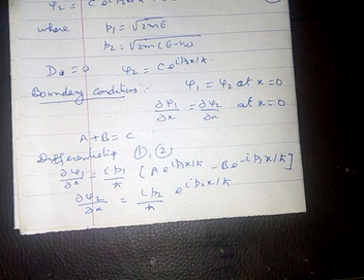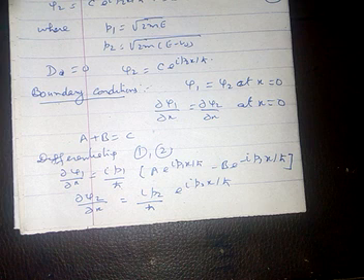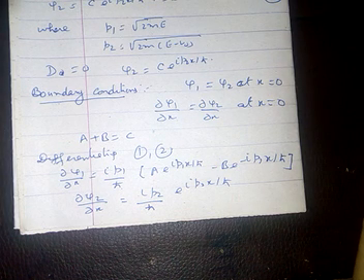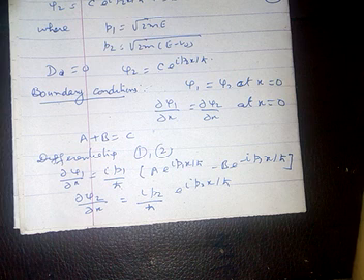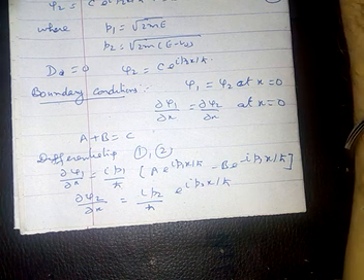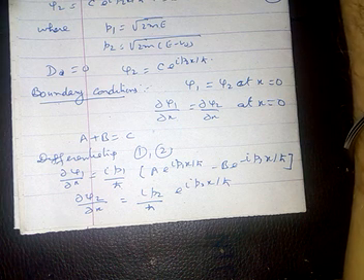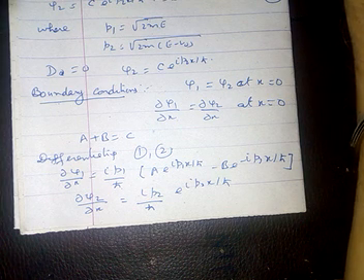But d2 psi upon dx square can be finite only if d psi upon dx is continuous everywhere. This is the first boundary condition. And if d psi upon dx is continuous everywhere, then necessarily psi must be continuous. This is the second boundary condition.